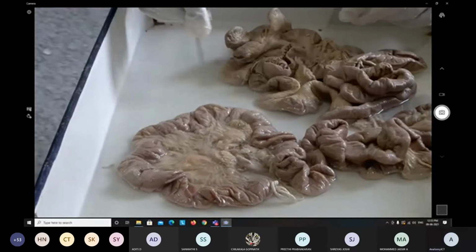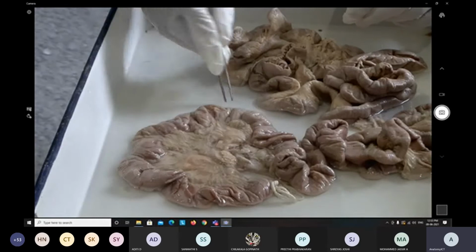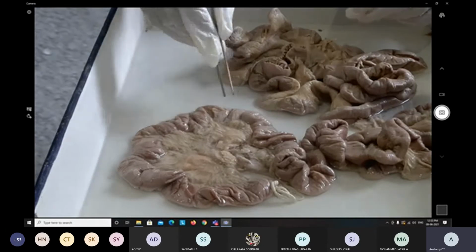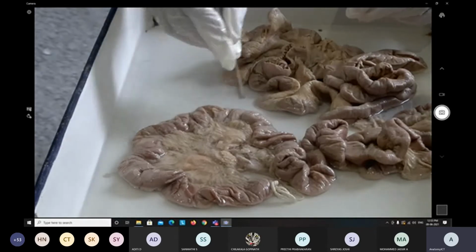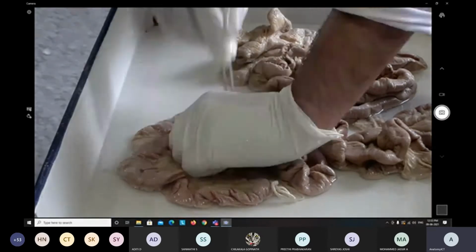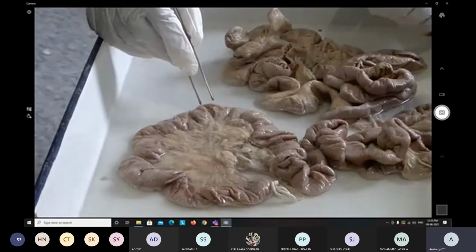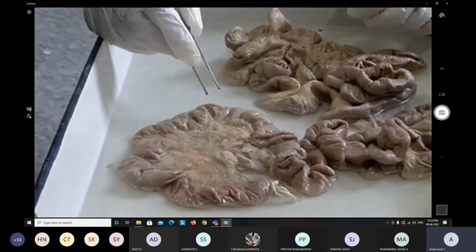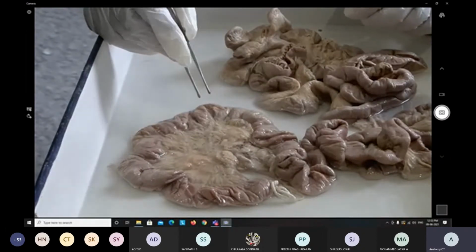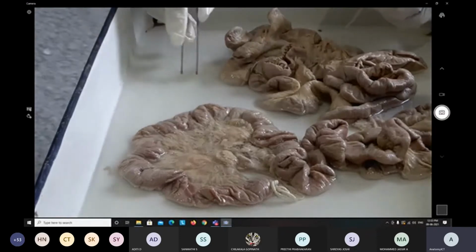Now, what happens with the superior and inferior surfaces? We know the anterior surface and the posterior surface. On the superior surface, again, there is the head of the pancreas, which comes exactly over here, and there is one process of the head of the pancreas which extends, that we call the uncinate process.